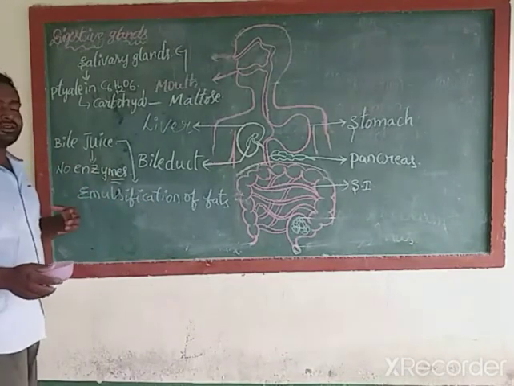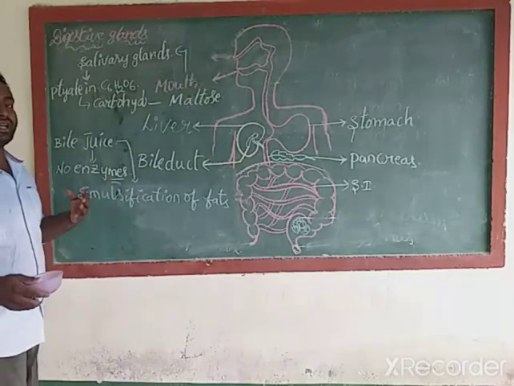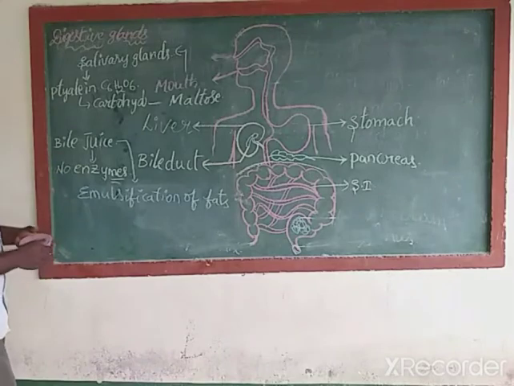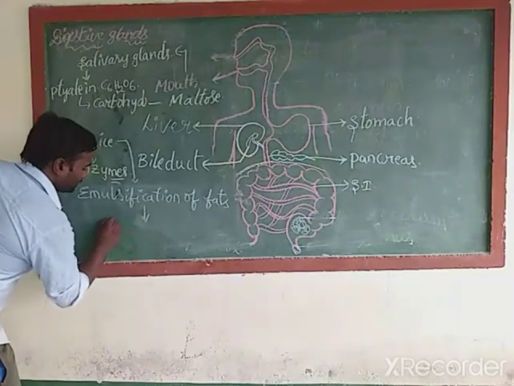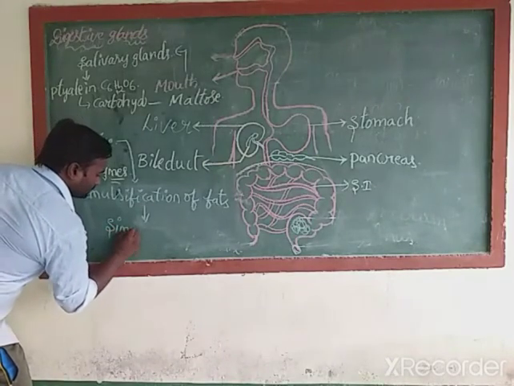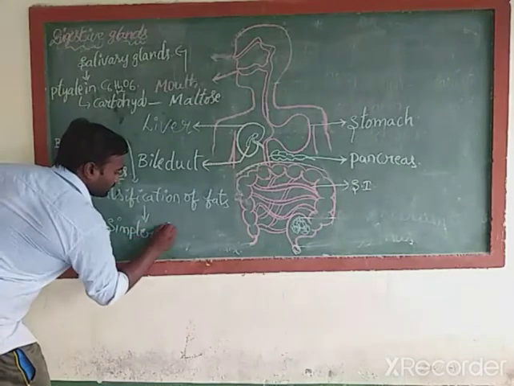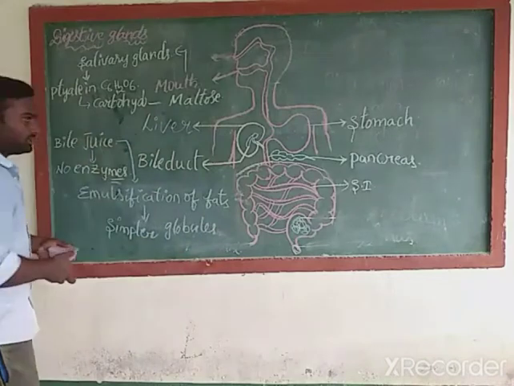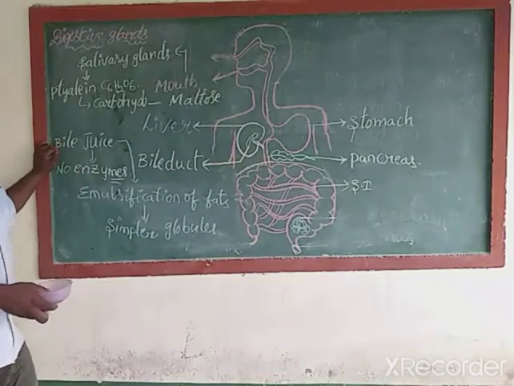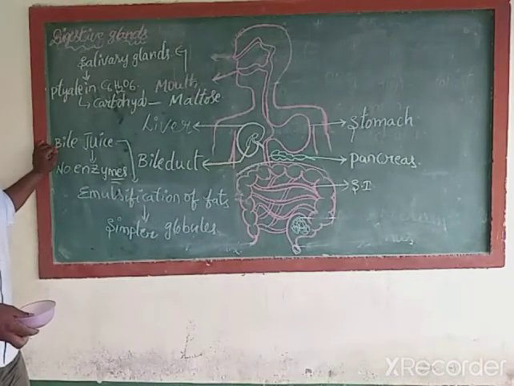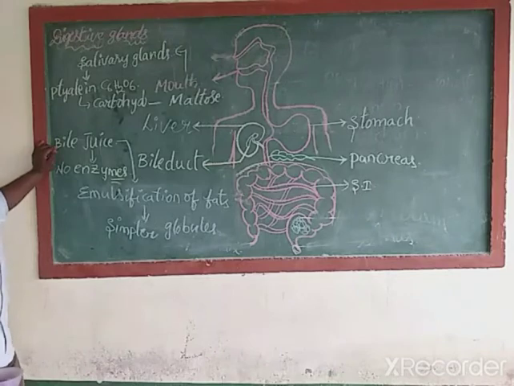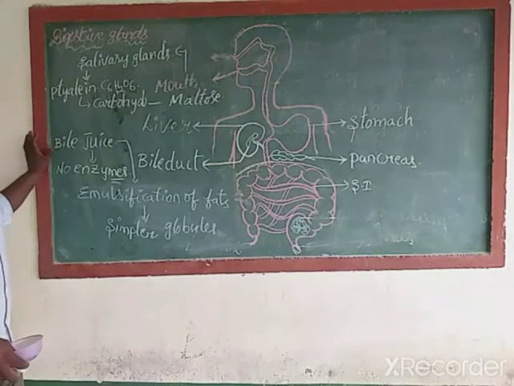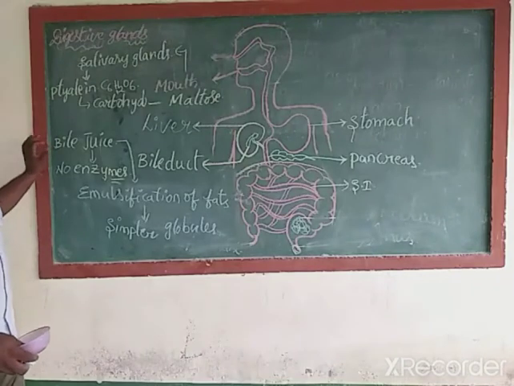If you take food materials which contain fats, they can be converted into simpler globules with the help of bile juice from our liver. Did you understand? Liver is useful for digestion of fats. In order to digest the fats, our liver secretes bile juice.